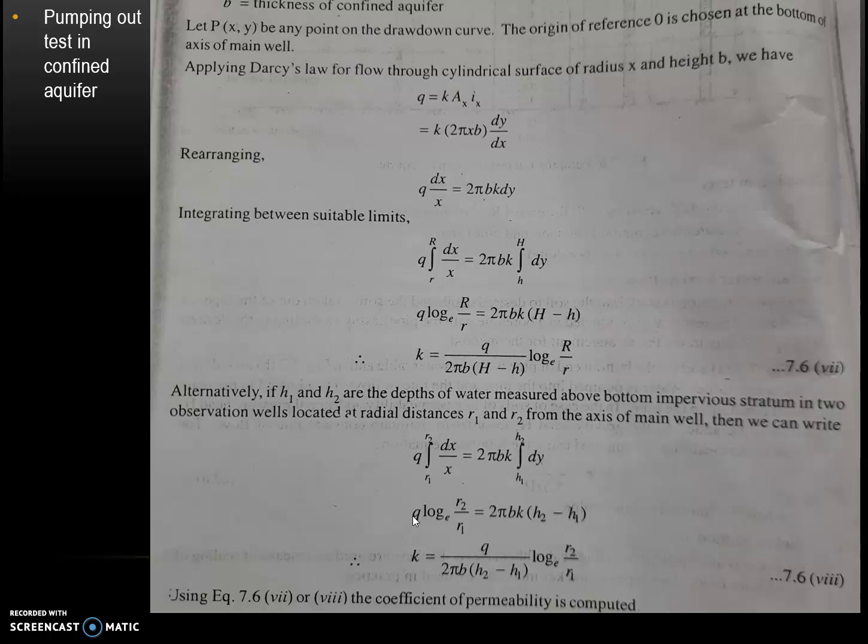After we integrate, we get Q log of r2 by r1, which is equal to 2 pi bk into h2 minus h1. Now we have equation for k, which is equal to Q divided by 2 pi b into h2 minus h1, into log of r2 divided by r1. So both these equations can be used to find coefficient of permeability K.